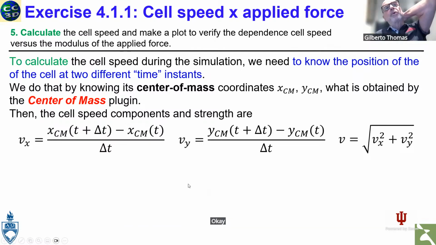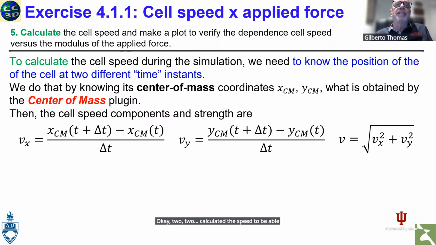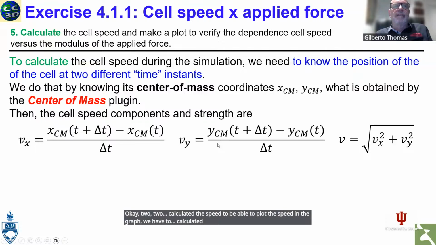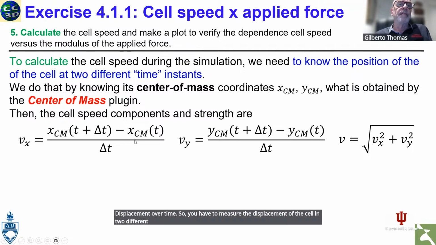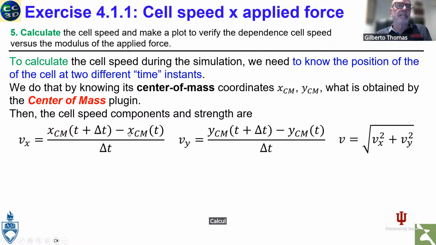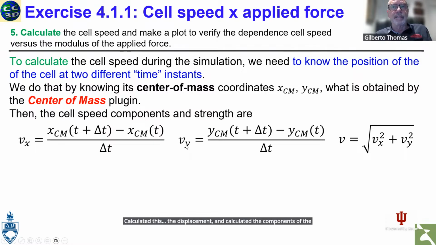Okay, to calculate the speed, to be able to plot the speed in a graph, we have to calculate the speed by its physical definition, displacement over time. So you have to measure the displacement of the cell at two different instants of time, calculate the displacement, and calculate the components of the velocity.